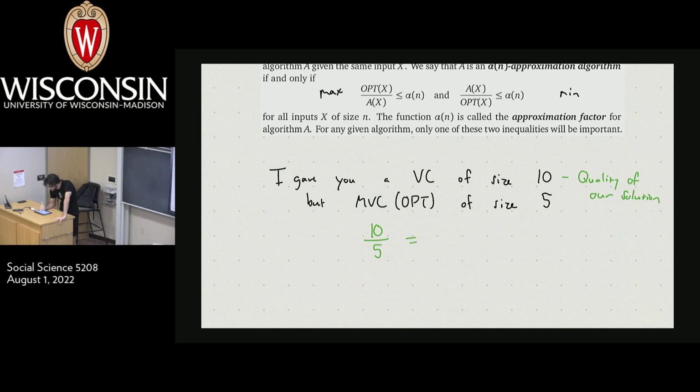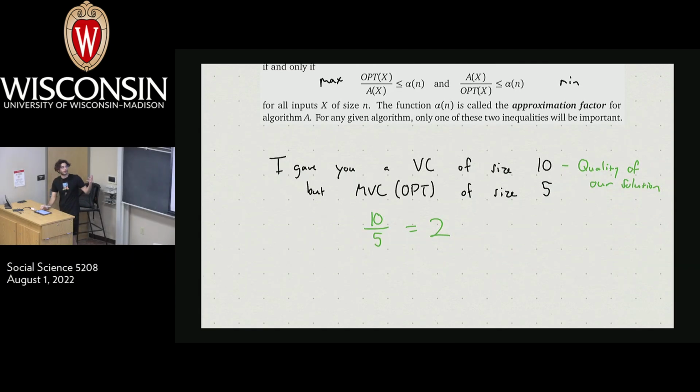And this ratio is 2. So our algorithm, if this still was true for every possible instance, would be a 2 approximation.